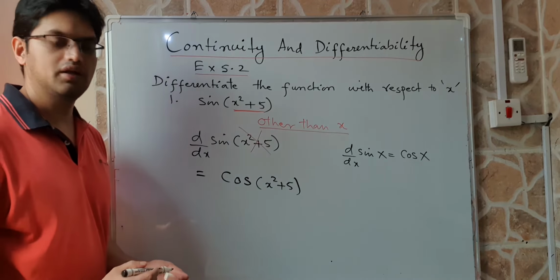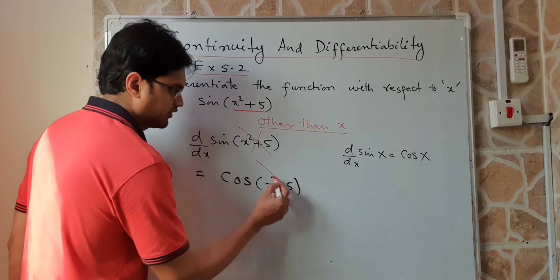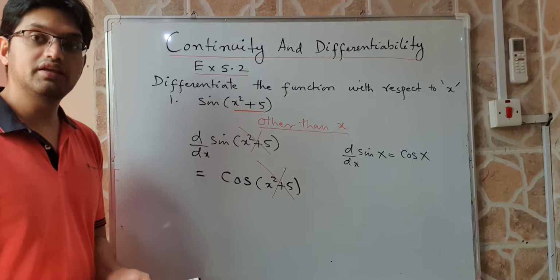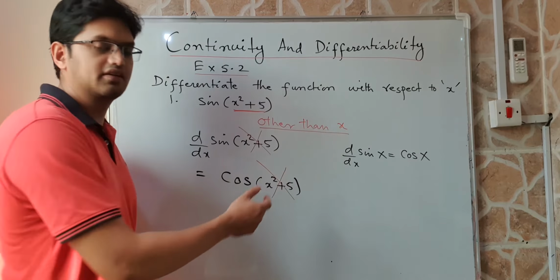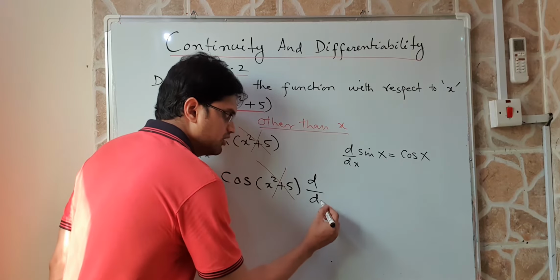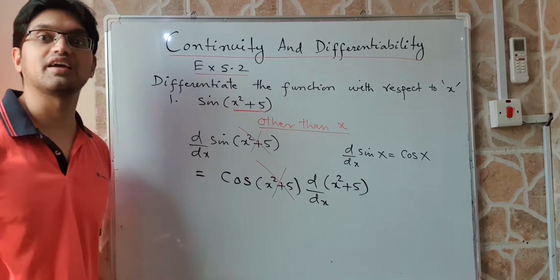So I am writing this as x square plus 5. This is our X. When it is not direct x, it is something other than x. The chain rule means we have to take the derivative of the function which is other than x.